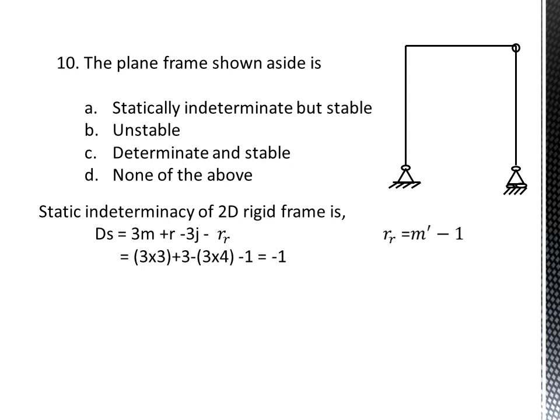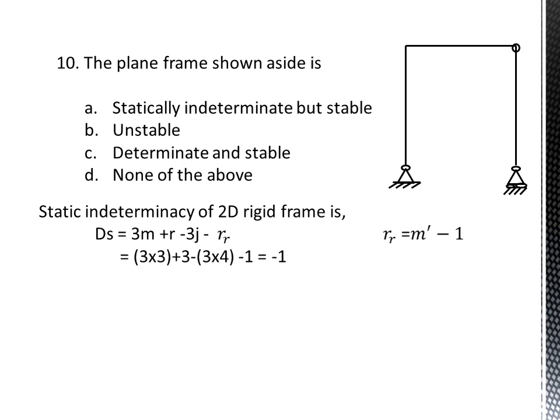Here the term rr is present due to the presence of an internal hinge in the frame. RR is given by m dash minus m, where m dash denotes the number of members connected at the internal hinge. Here at the internal hinge, 2 members are connected. So the value of RR is equal to 2 minus 1, which is 1.